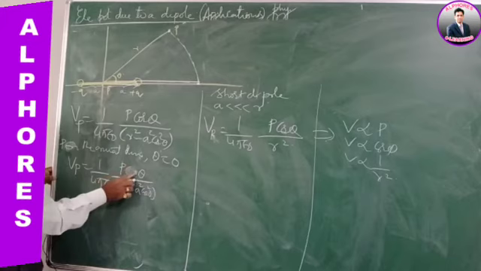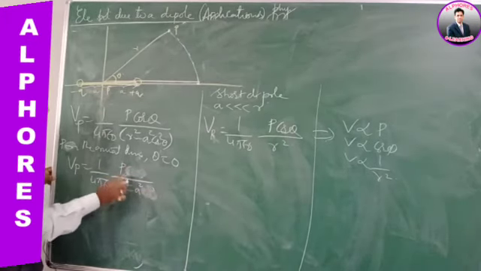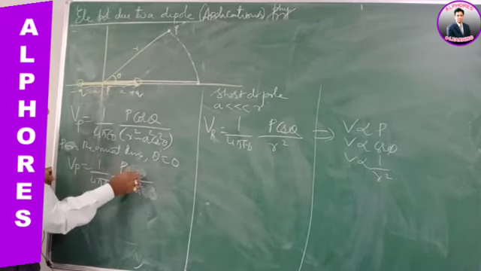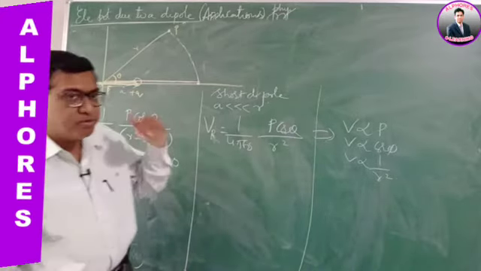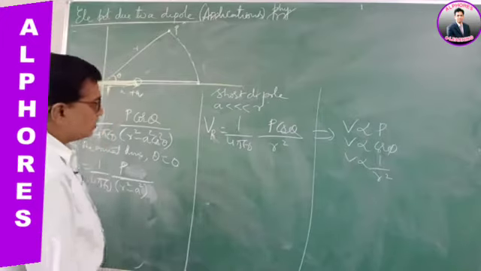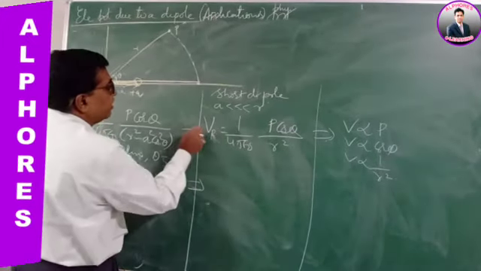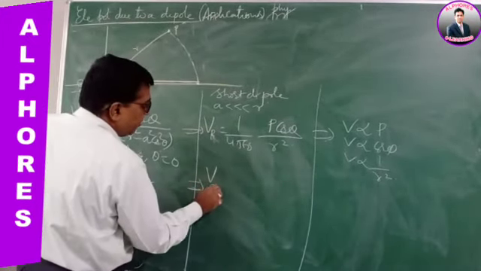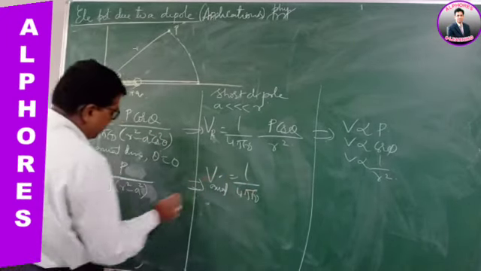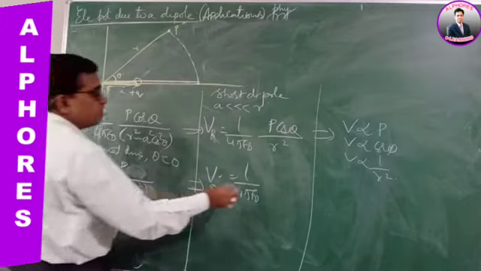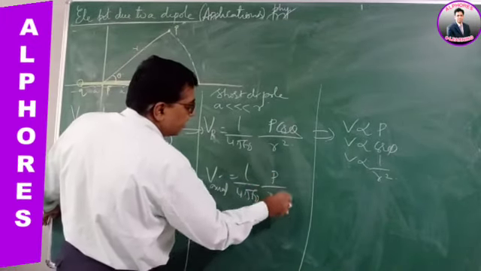Well, cos 0 is 1. So we get P by R square minus A square. This is the formula we have proved for the axial line earlier, right? So for a short dipole on the axial line, it's 1 by 4 pi epsilon naught, and A is negligible, so simply P by R square.